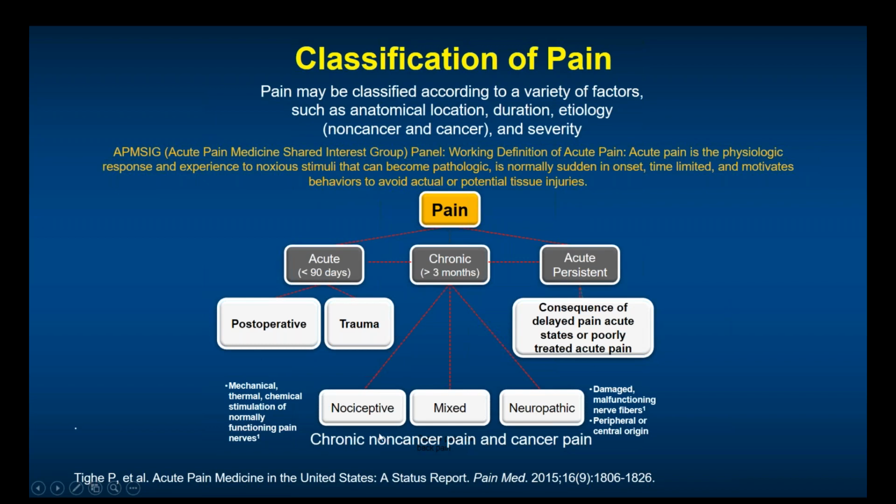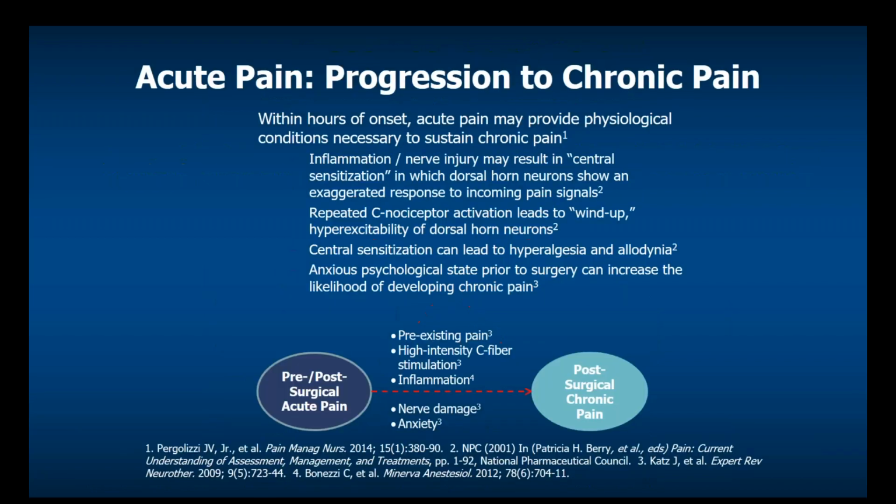And under chronic pain, we see chronic non-cancer pain and cancer pain. And so I'm going to be talking a little bit about acute pain and a little bit about chronic pain and a lot about using multimodal analgesia to try and prevent the transition of acute persistent pain into a chronic pain state.